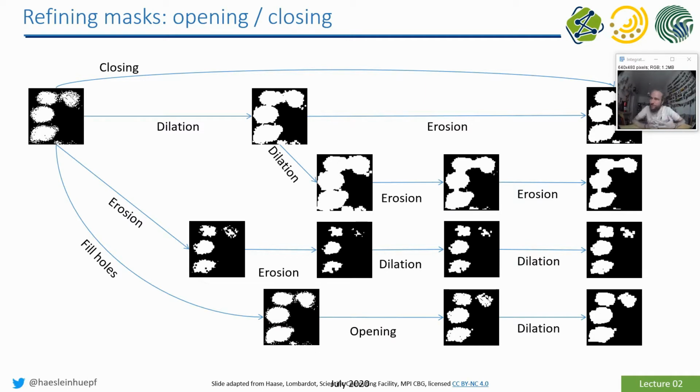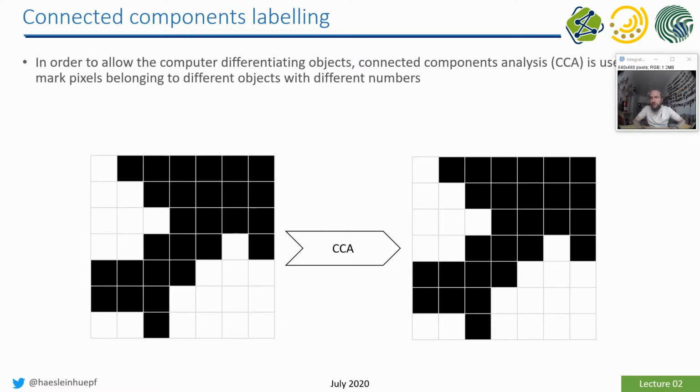There are a couple of those I showed you. Maybe you want to try them again and figure out what they are good for, and how they can be used in order to improve a segmentation result before you go further to connected components analysis. There was a question by a student asking what's the difference between connected components labeling and connected components analysis.